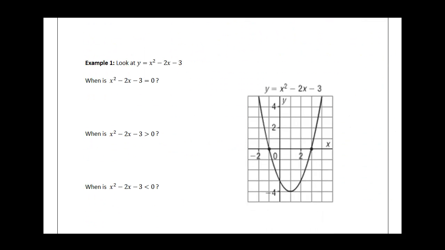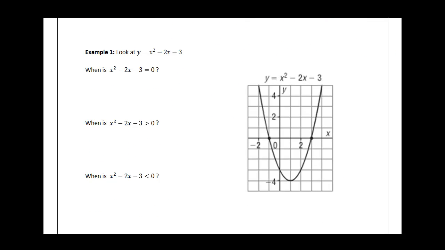Example 1. Look at y equals x squared minus 2x minus 3, a quadratic equation. And it's already graphed there for us on the right hand side. First it's asking, when is x squared minus 2x minus 3 equal to 0? So when it is equal to 0, we're looking at our x-intercepts, right? When it crosses the x-axis and our y is now equal to 0.